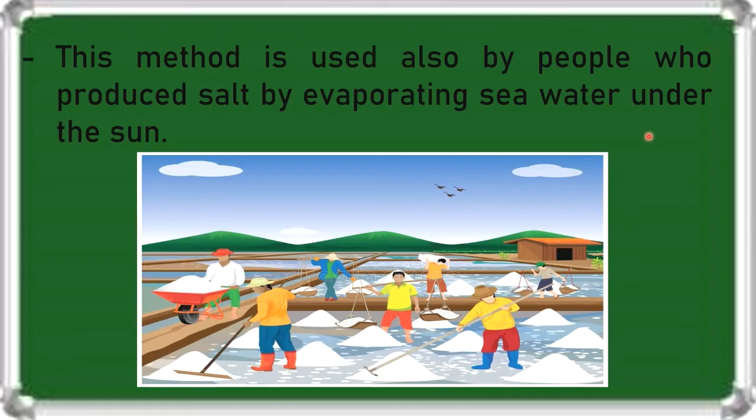So meron yan silang tinatawag na parang farm. So, dyan nila nilalagay yung tubig dagat. Then, hinahayaan nilang mainitan ng araw and then mag-i-evaporate yung water. So, ang matitira diyan sa floor ay asin. So, yan isa sa paraan kung paano gumawa ng asin.